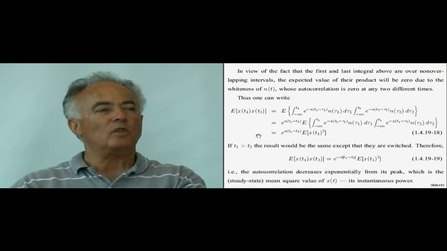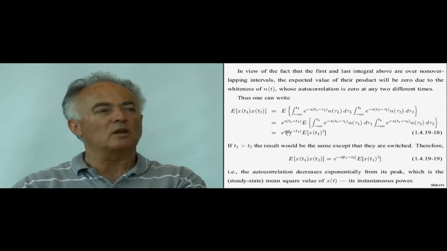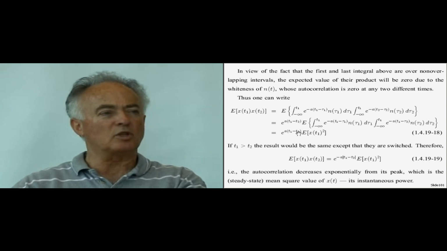So you can see that the autocorrelation of the process is the instantaneous mean square value times e to the a (t1 - t2), and this is a negative exponent because t2 is larger than t1. We can use the other assumption: if t1 is greater than t2, we have the same thing except t1 and t2 are switched.